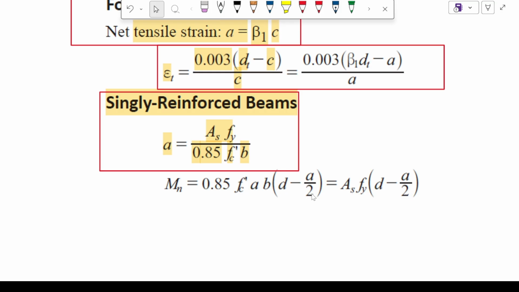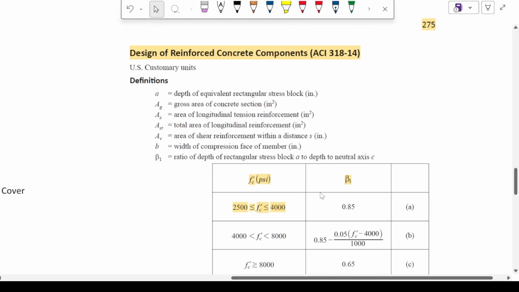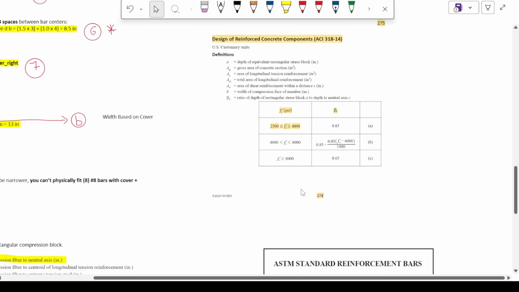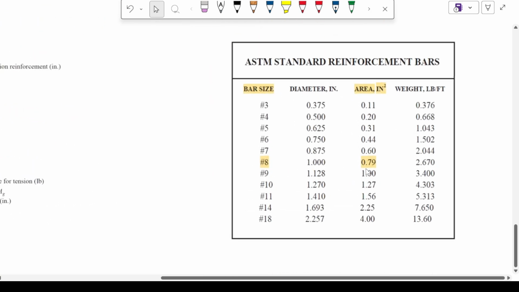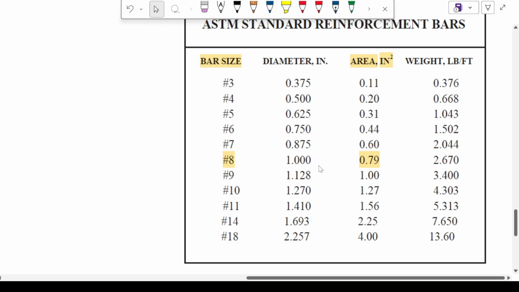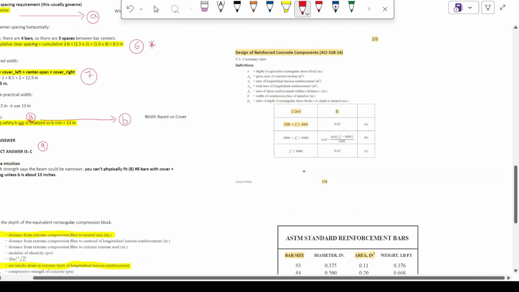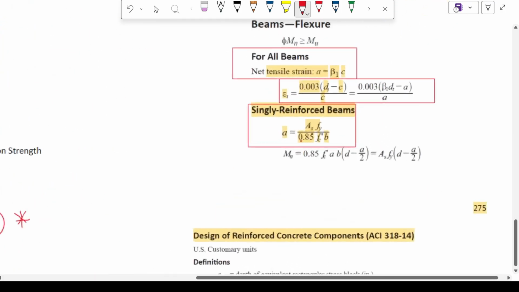As is the area of steel. Area of steel for number 8 bars can be found on page number 274, where we have a bar chart. For number 8 bars, it's going to be 0.79. Since it is 8 number 8 bars, I have to multiply this area by 8, the count of bars, to get the As value.